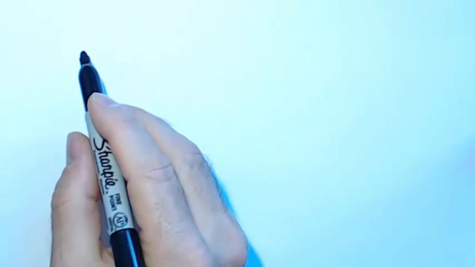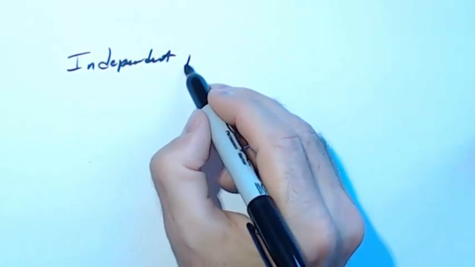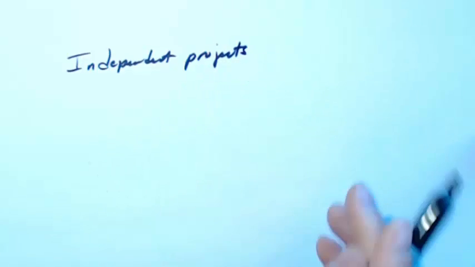Let's get into some concepts and definitions before we start getting into the rules and criteria for evaluating projects. First, we want to define independent projects. Independent projects are where the cash flows of one are unaffected by the cash flows of another project.